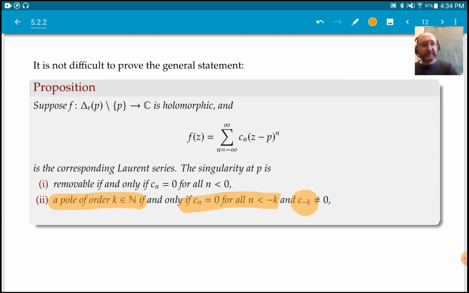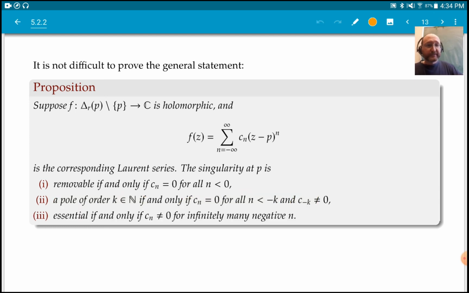Basically, the only other possibility is that it's an essential singularity, and that just means that c_n is non-zero for infinitely many negative n. That's when 1 is not true and 2 is not true, and that gives you an if and only if for essential.